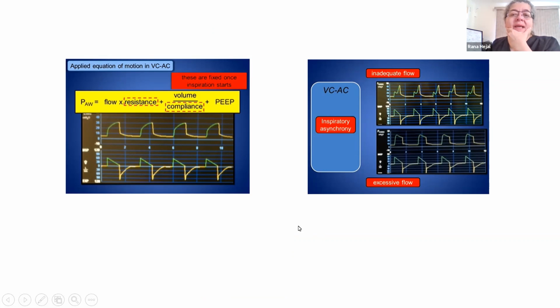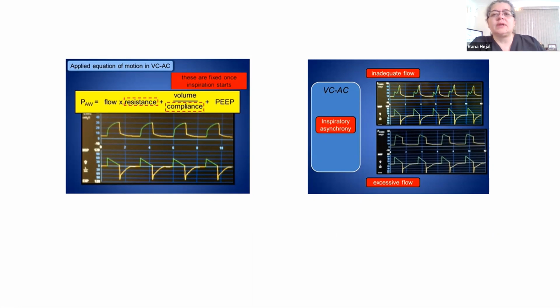So what happens when you have an inspiratory problem? What happens when your flow is a problem? The flow can be either too much or too little, and the way to tell is when you're delivering the breath in a decelerating mode, and you get a waveform on the pressure that looks scooped, where the pressure starts to increase, then it deflects down, and then it goes back up again, just because the patient had an added effort.